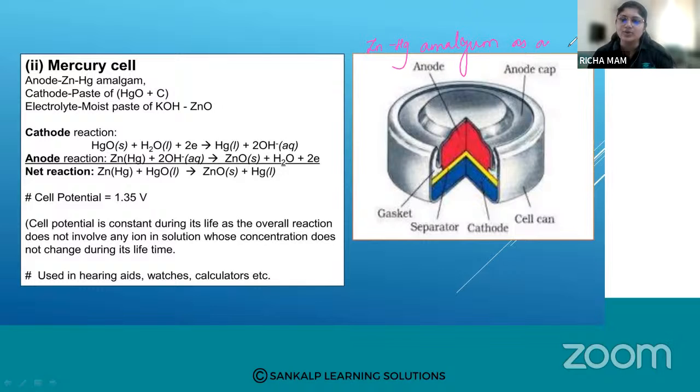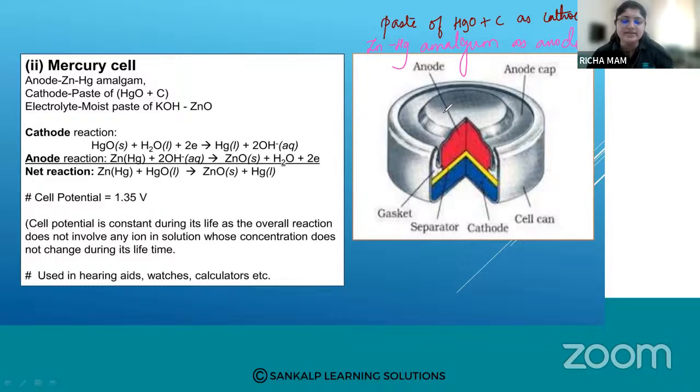Zinc amalgam acts as the anode, and the paste of HgO plus carbon acts as the cathode. Then what is the electrolyte?